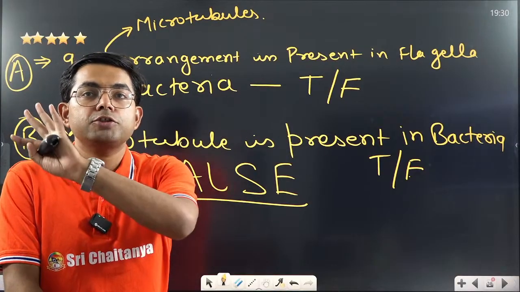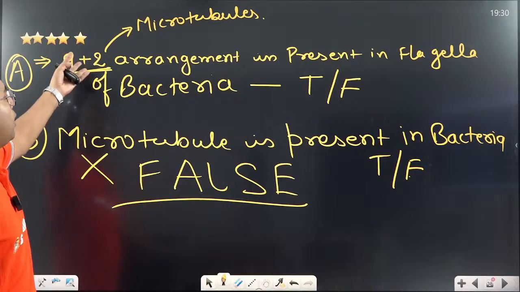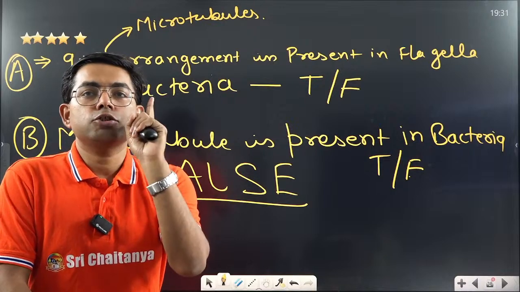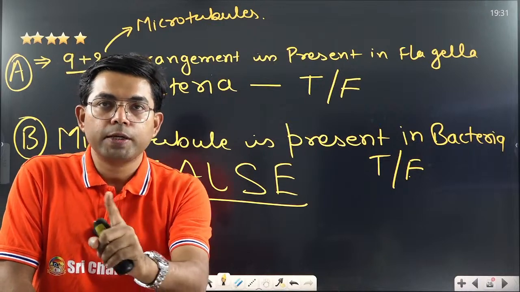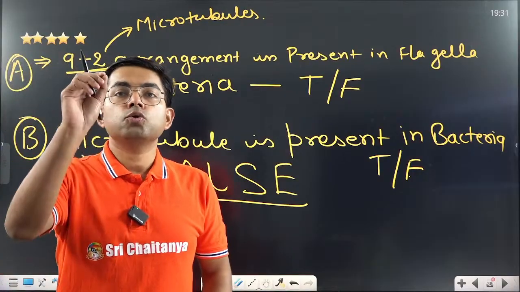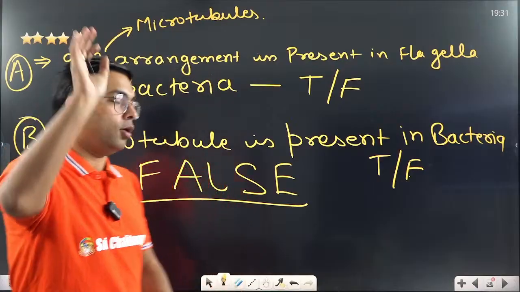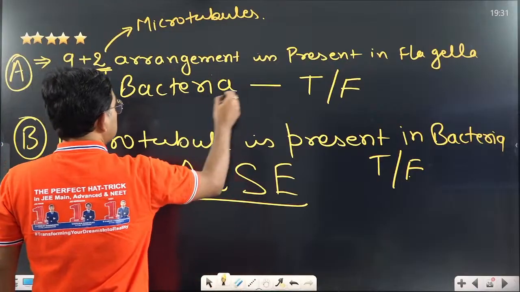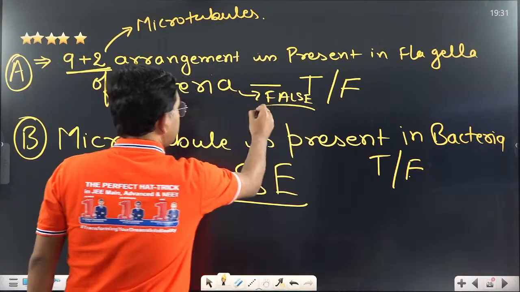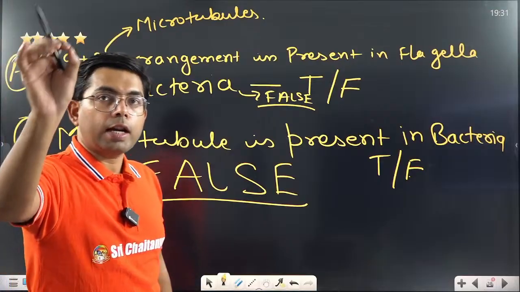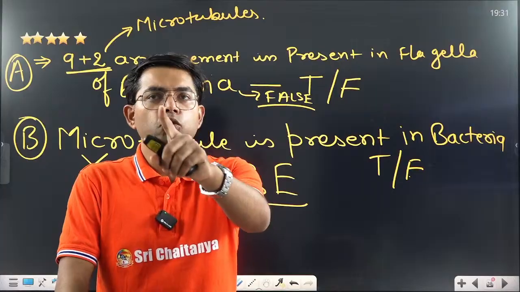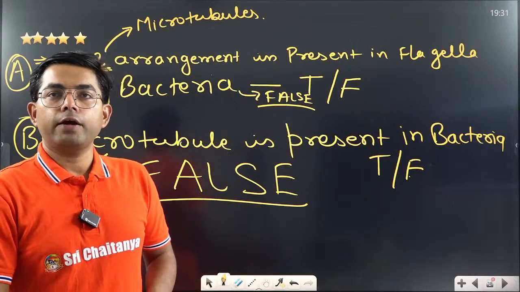If microtubule is not present in bacteria, how can 9+2 arrangement be present? So remember, 9+2 or 9+0 arrangement is not present in bacteria or prokaryotes. It is only present in eukaryotes, so this will also be false. You can note it down: 9+2 or 9+0 arrangement is only present in eukaryotic cells, not in prokaryotic cells.